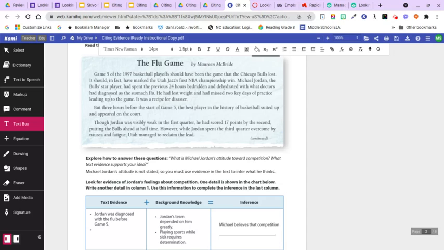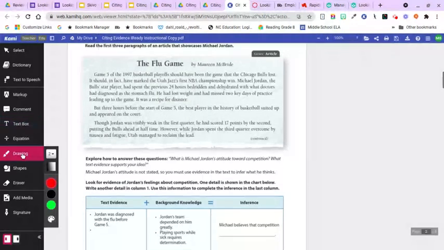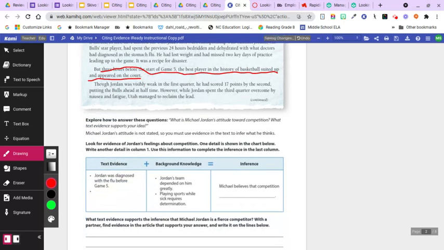Oh, but 3 hours. Let's look at this. 3 hours before the start of the game, he suited up and appeared on the court. He was visibly weak. So let's go back to this. Playing sports while sick requires determination.